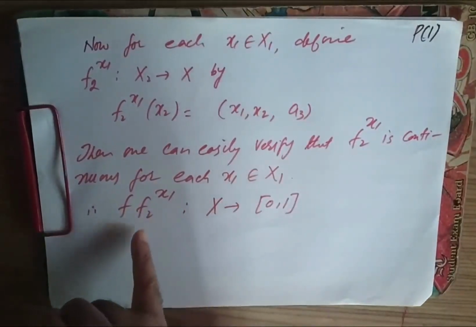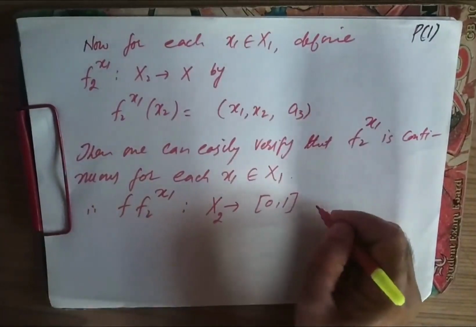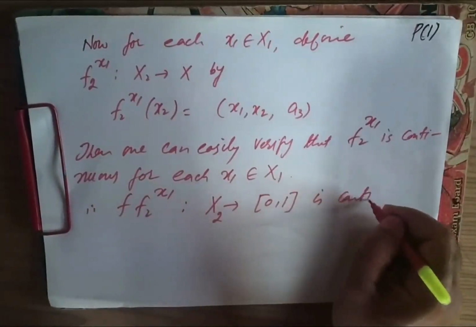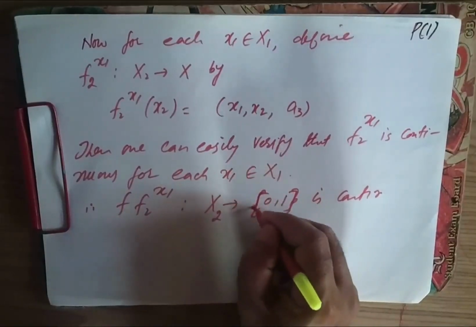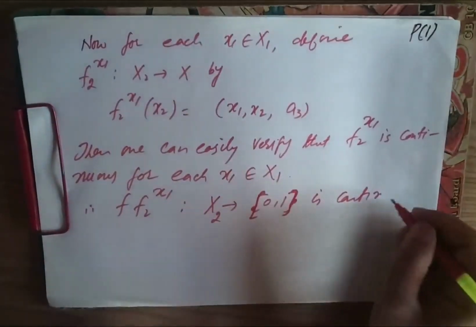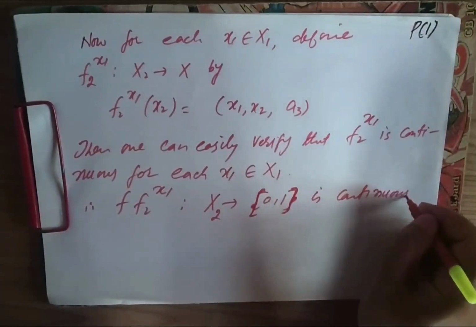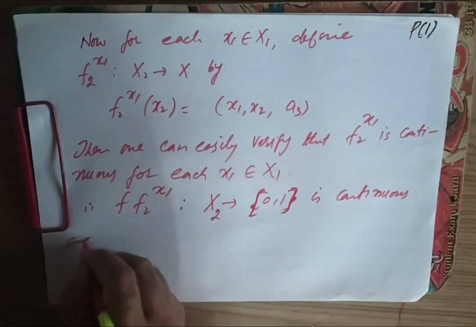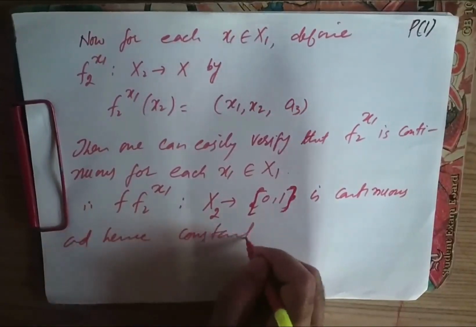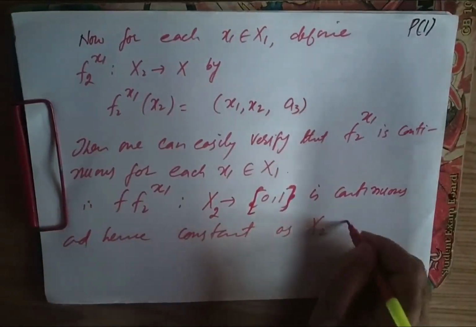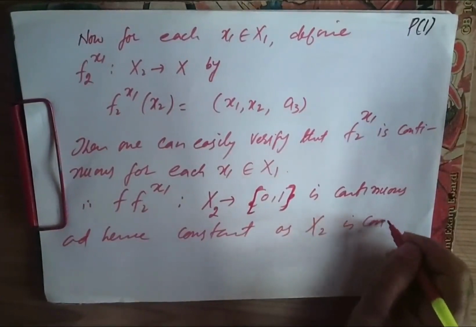From this, f∘f2 x1 is from X2 to the two points {0,1} with discrete topology, is continuous and hence constant, as X2 is connected.